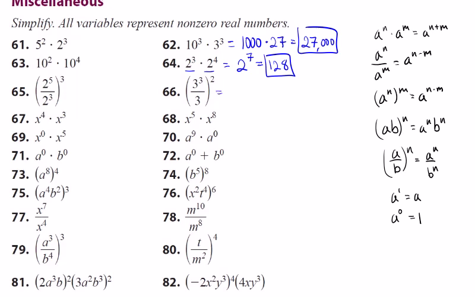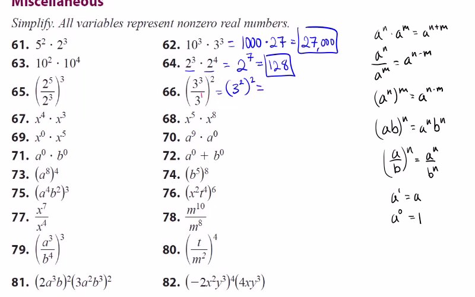All right, 66. I could distribute this 2 into the inside exponents and use the power of a quotient rule, or we could use the quotient rule inside first, since we have like bases of 3 and 3, and then apply the 2. So I'm going to do it that way. I'm going to remember there's an invisible 1 right here. So I'm going to subtract the exponents. 3 minus 1 is 2. Okay, and then I have a 2 on the outside there.